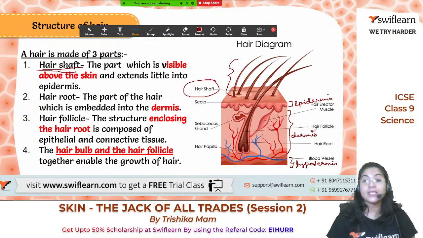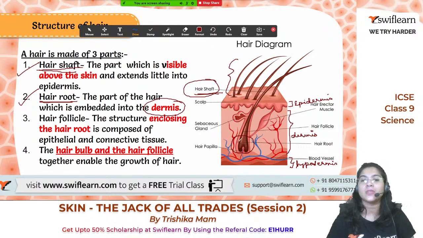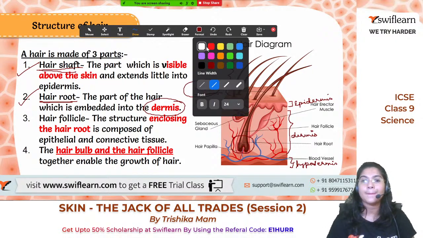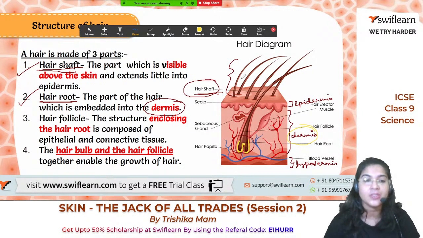So this dermis से शुरू होता है hair, okay, hair follicle, but shaft generally रहता है epidermis में. Now the second one is known as the hair root. Hair का root कहाँ होता है? Always in the dermis. देखो, this is the root of the hair. Can you see? Yes, this is the root of the hair which is embedded in the dermis portion.